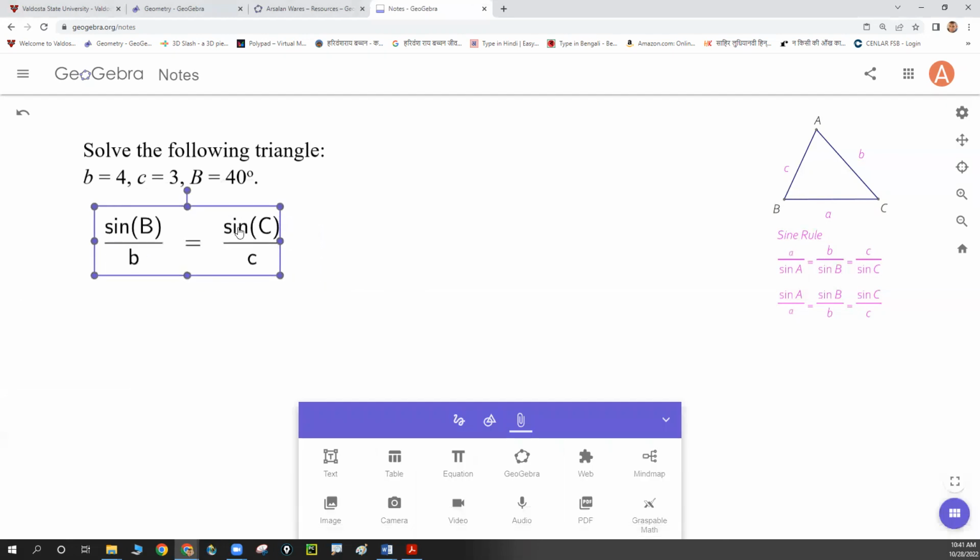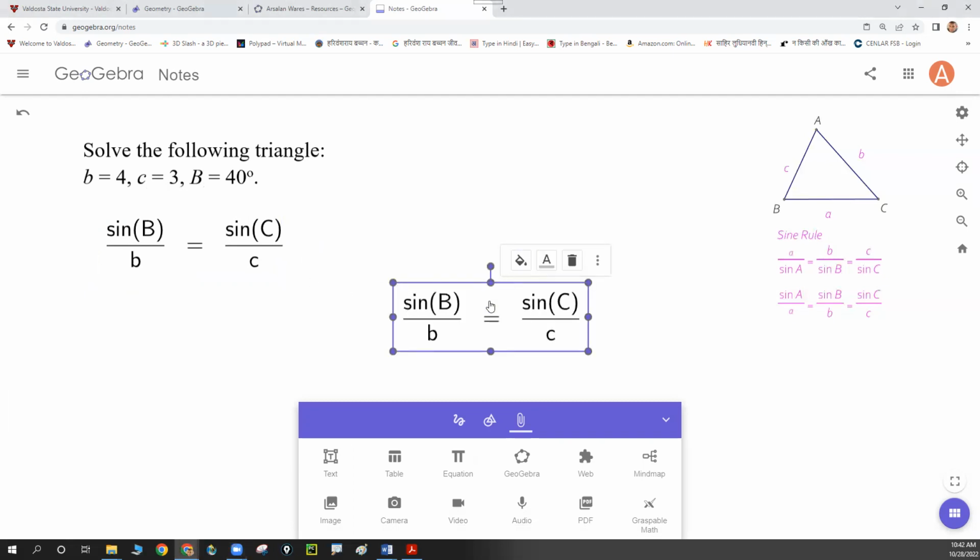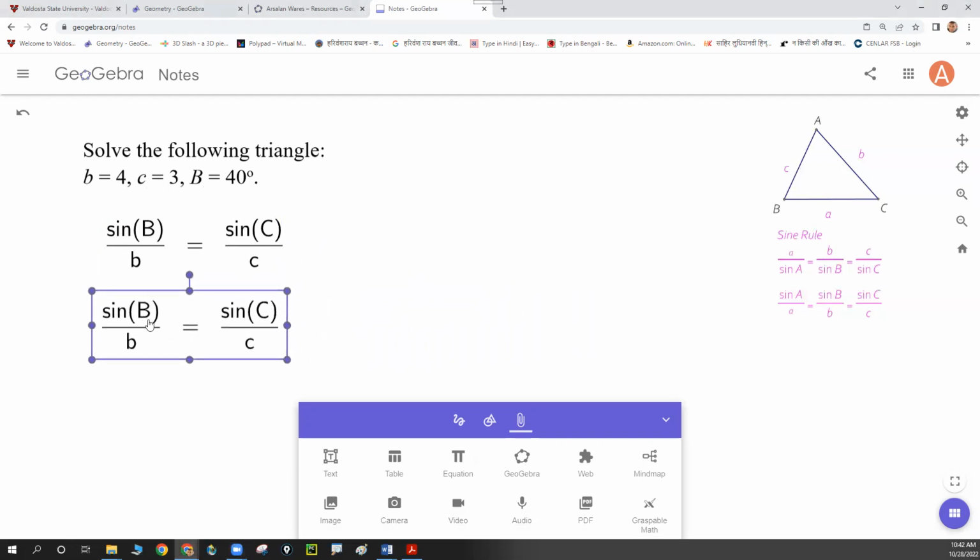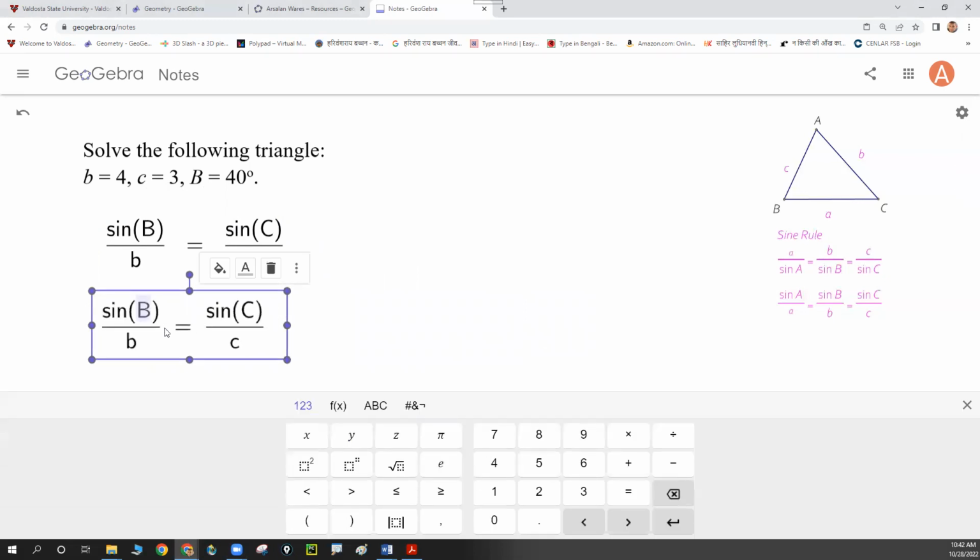I know C, I know small b, I know capital B, so that's a good thing. Instead of capital B, I'm going to write 40. Instead of small b, I'm going to write 4. Instead of small c, I'm going to write 3.